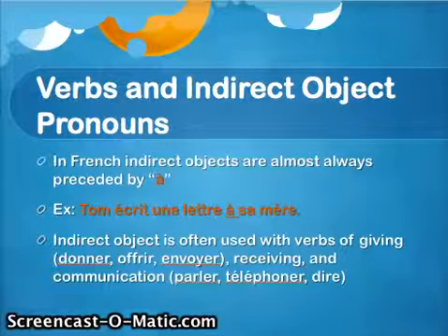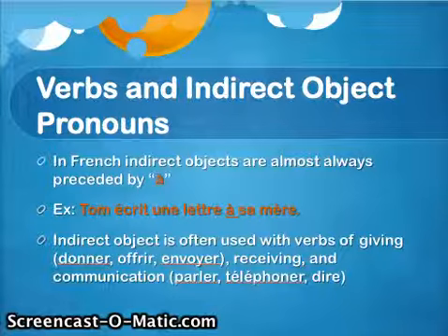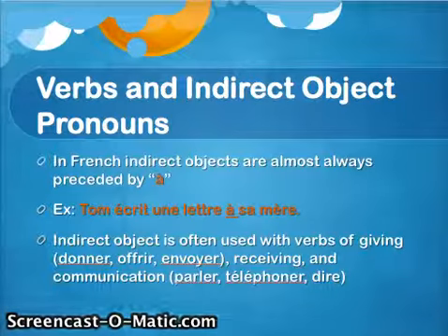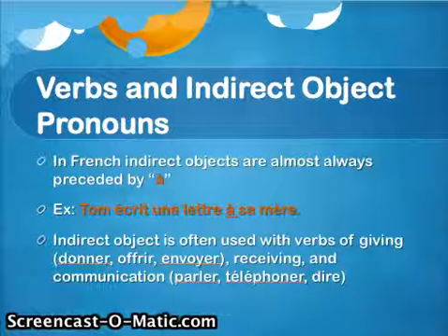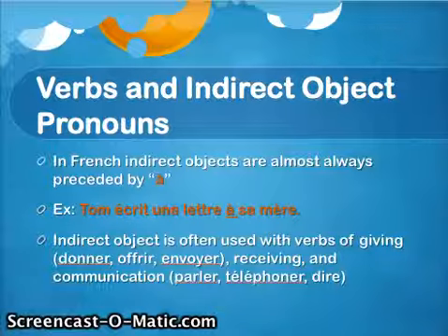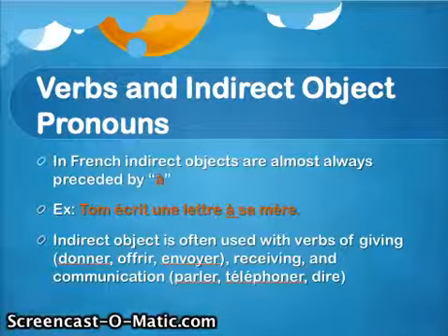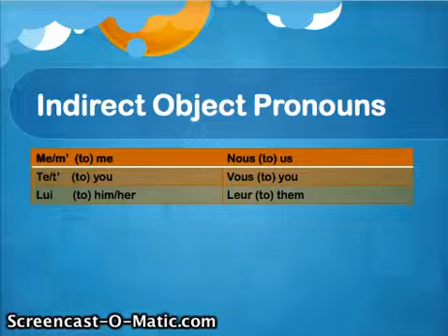Those will pretty much have the donner à, offrir à, envoyer à, parler à, téléphoner à. So you always have that à along with your verb, because those are verbs that go together with indirect objects. And here is your table.